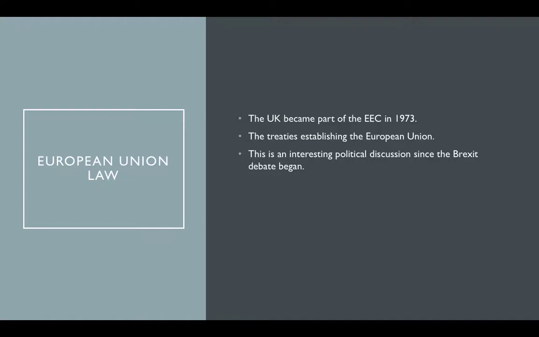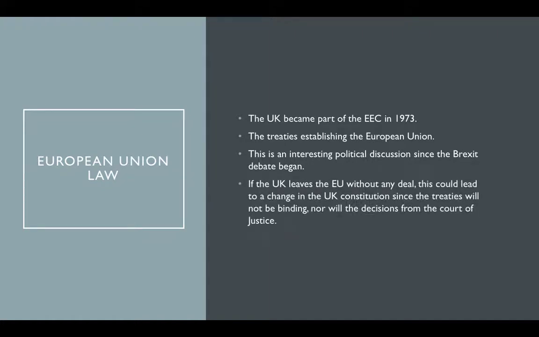This is an interesting political discussion since Brexit has happened. If the UK leaves the EU without any deal, this could lead to a change in the UK constitution, since the treaties will no longer be binding, nor will the decisions from the Court of Justice. So this is an example of EU law being cut off from the UK completely, if we leave without a deal.